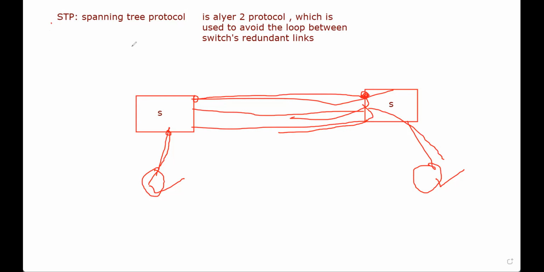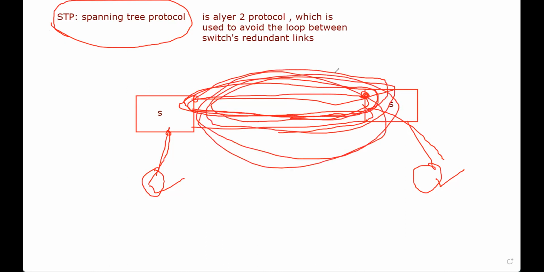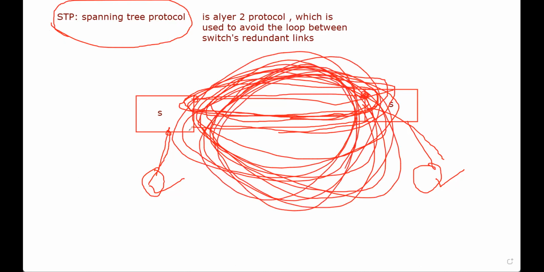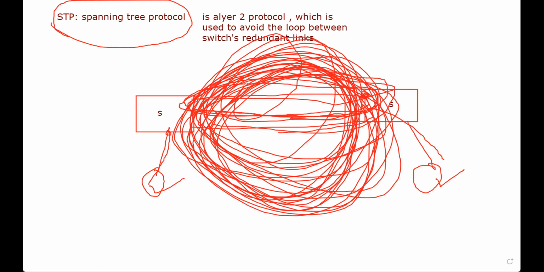If STP is not there, then the packet will arrive like this. So this is the process of looping. Looping means packets don't arrive at the destination. They keep flowing around. So to solve this problem, we have to use the spanning tree protocol.